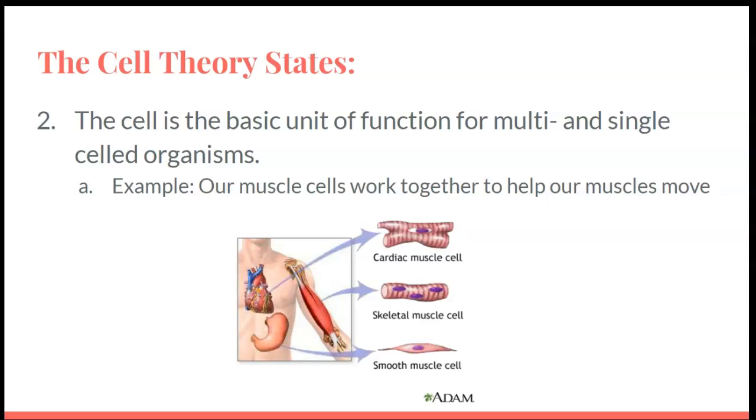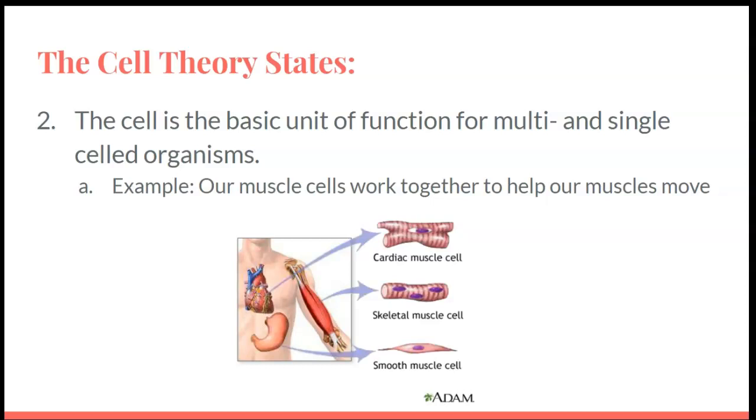Our muscle cells work together in our bodies to help our muscles move. We have lots of different types of muscle cells. We have cardiac, that's our heart. We have skeletal, which is typically what you think of as muscles, like on your arms and on your legs. And then we have smooth muscle, which is in your digestive system, like your stomach and your intestines.